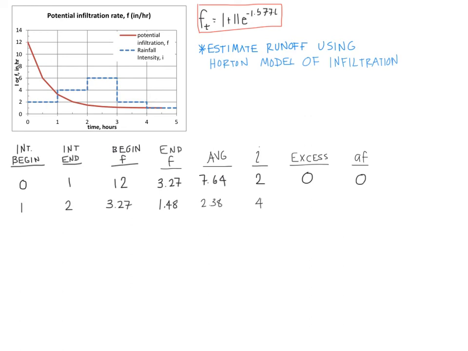That gives me an excess amount of rain of 1.62 inches. Converting that to acre feet, I am going to get 11.5 acre feet. From hour 2 to 3, we had an average infiltration of 1.29 and a rainfall of 6 inches in that hour, giving us 4.71 excess inches of rain, which is 39.25 acre feet.